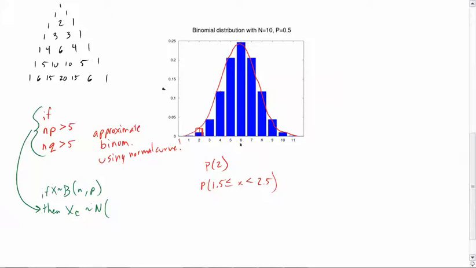So the mean is np for binomial, and the variance is npq, but since I'm in terms of n and p, I'll just use 1 minus p for q. And so I can actually use this to estimate that. Let's look at an example so you can see.